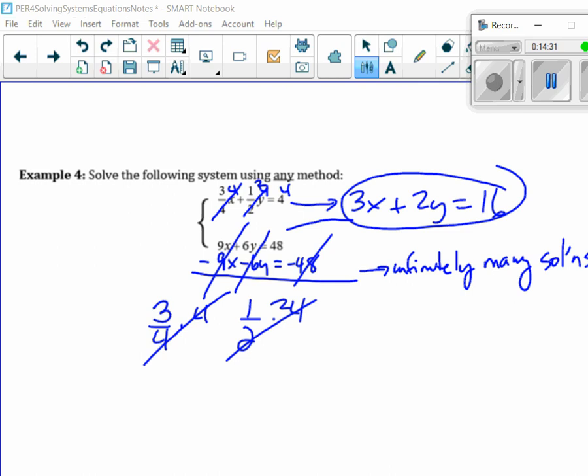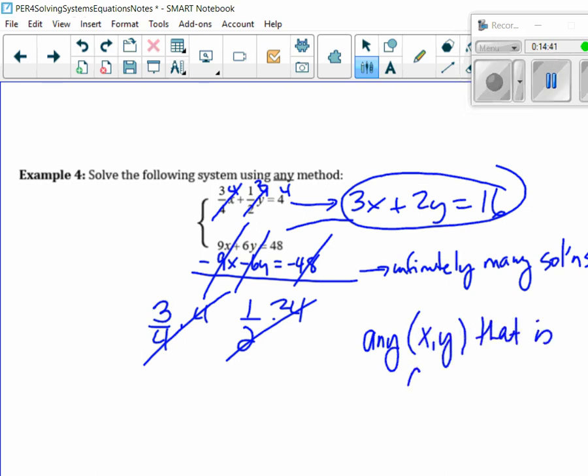If you get this and it doesn't say how many solutions, you're supposed to say any x comma y that is a solution in, and state one of the equations, like 3x plus 2y equals 16, or 9x plus 6y equals 48.